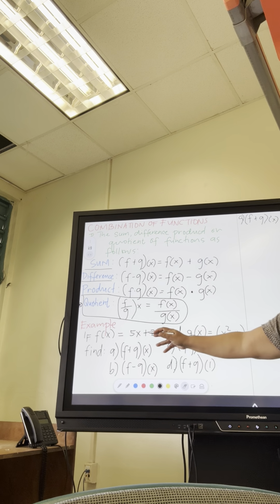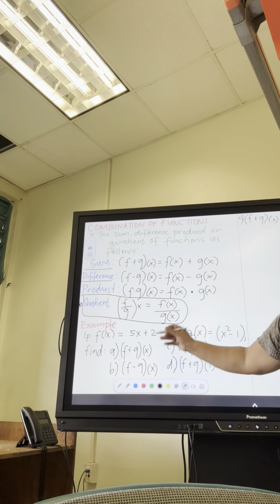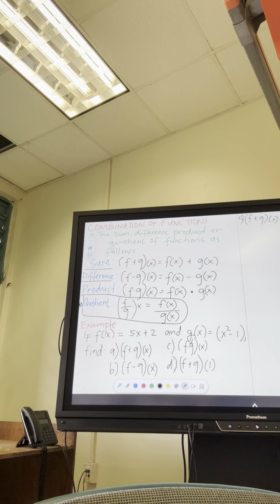Look here, what is the given? We have 5x plus 2. So you put here 5x plus 2, and then plus. Now, what is your g of x? That is x squared minus 1. So, this is x squared minus 1.